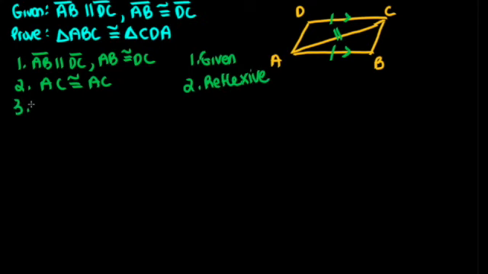Next, we can use something in our given to help us find an angle which is congruent. So remember that if we know two lines are parallel and we view AC as a transversal, we can say that angle C is congruent to angle A because if lines are parallel, then alternate interior angles will be congruent. Let's go ahead and write that.